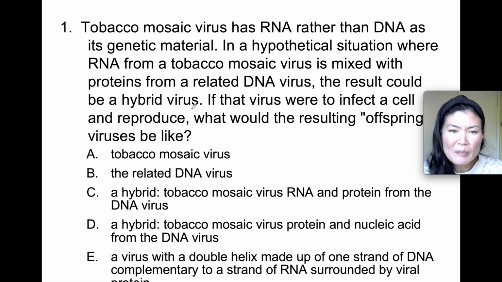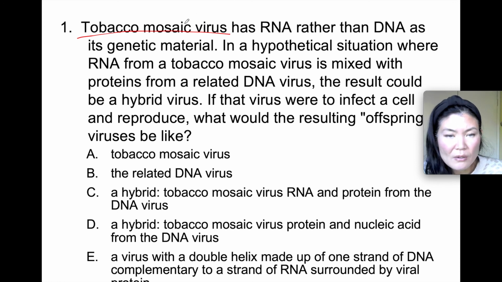So you guys remember viruses, especially like bacteriophages and tobacco mosaic viruses, are very simple structured things. I'm not going to call them organisms because some people don't believe that they're alive. They only have genetic material and proteins. They only are made up of 2 things: genetic material and protein.